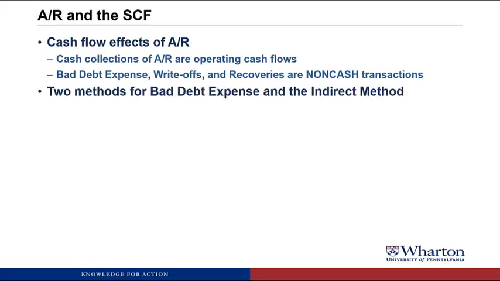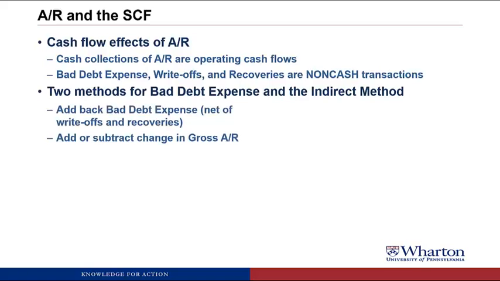So there's two methods for treating bad debt expense under the indirect method that you see when you look at financial statements. The first method would be to add back bad debt expense net of any write-offs and recoveries. So basically take all of those non-cash transactions in net income and add back the net number.